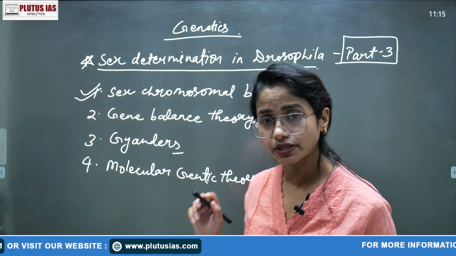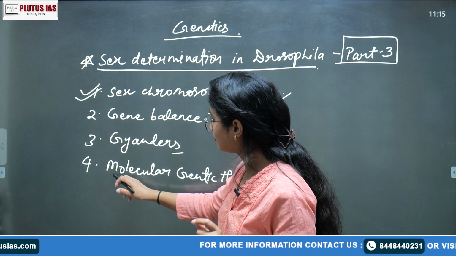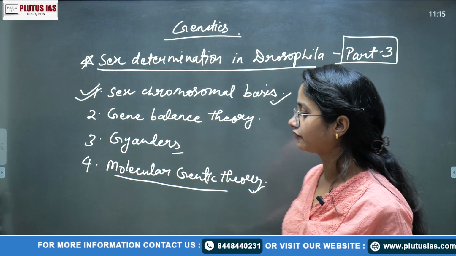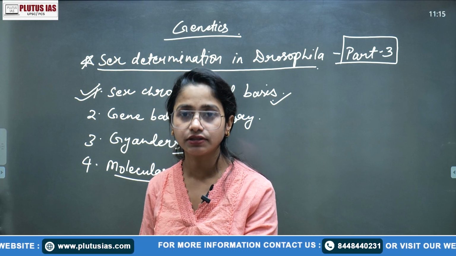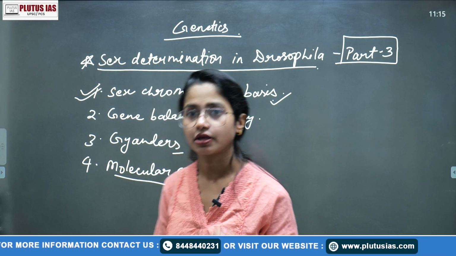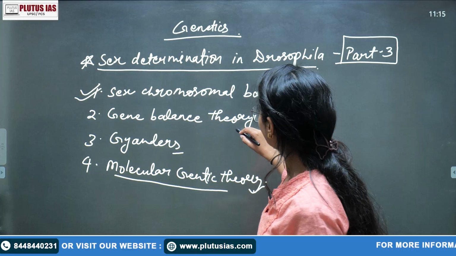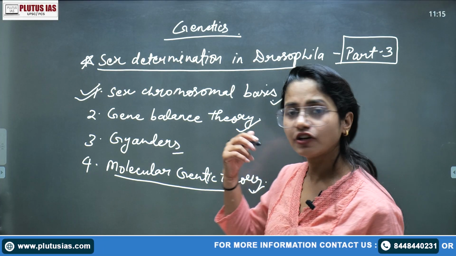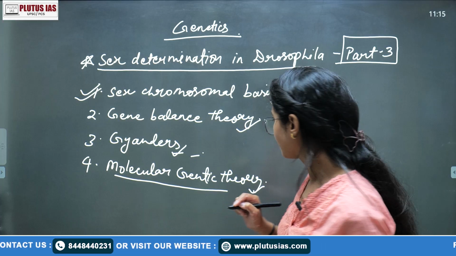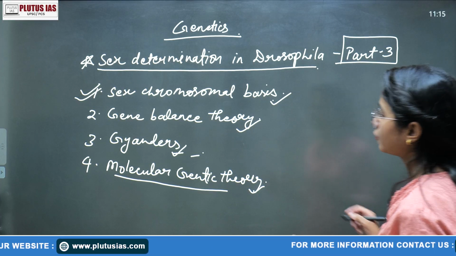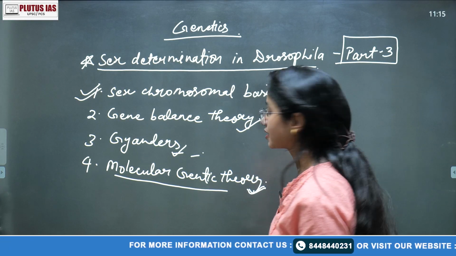But I'm just trying to say that when we cover molecular genetics, it means the genes involved in the determination of sex in Drosophila. So today we'll talk about the gene balance theory. We'll also relate the gynanders, if I think that will be relevant. Other than that, the molecular genetic theory we'll cover in a separate topic.